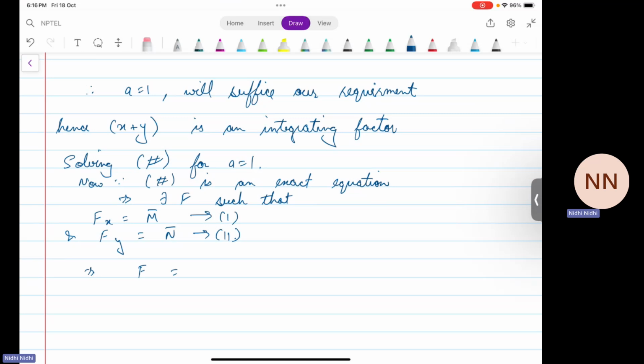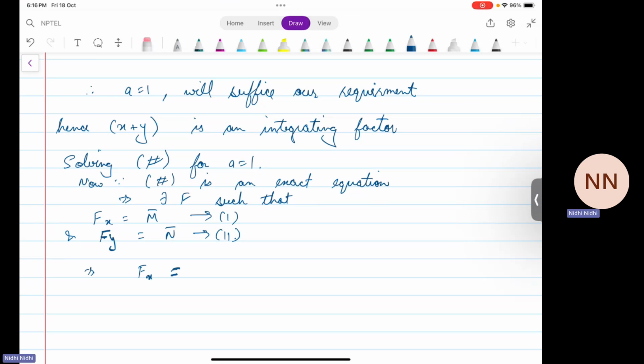So what is m bar? Let's write f. Let's expand m bar.